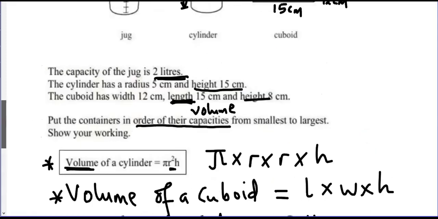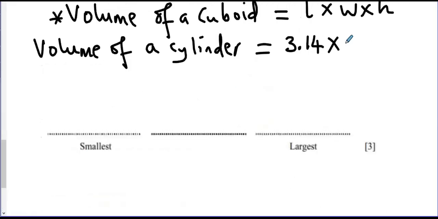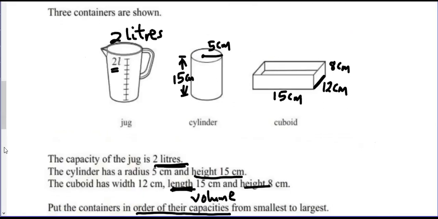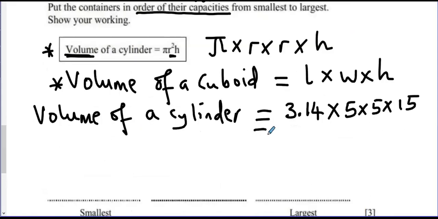The radius is 5 centimeters. So 5 centimeters times another 5 centimeters times the height. The height is 15, so go ahead and write 15 here. Now, to save time, use a calculator.